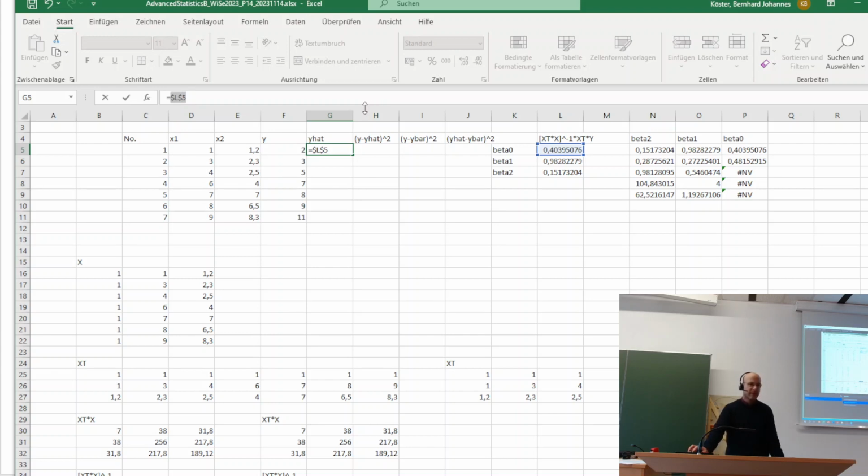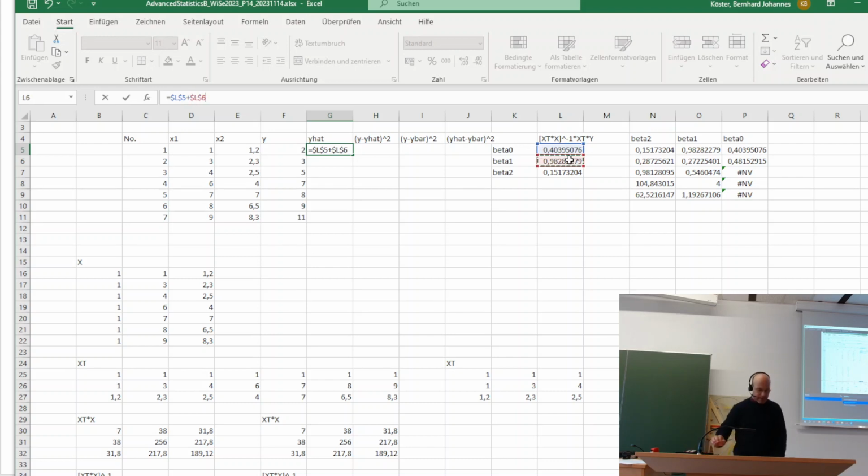This means if you copy this formula, it will still be related to this cell L5. So plus beta 1.